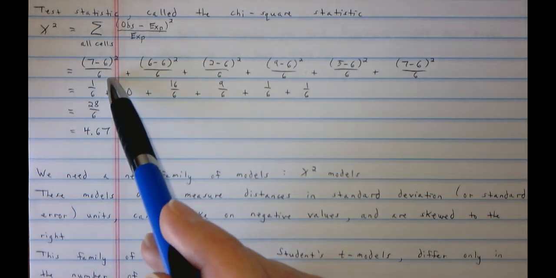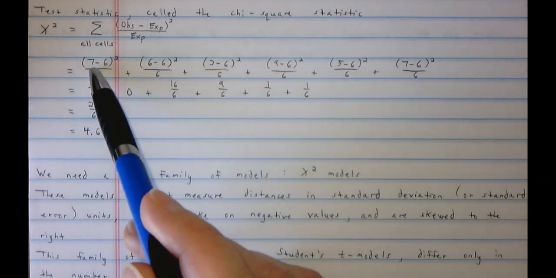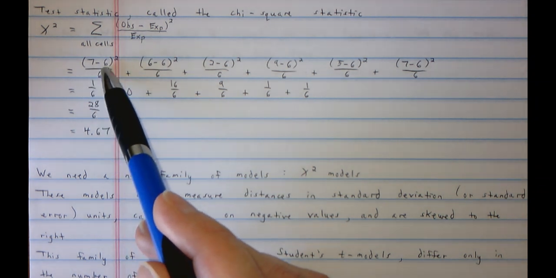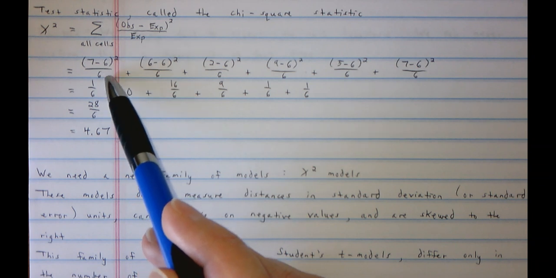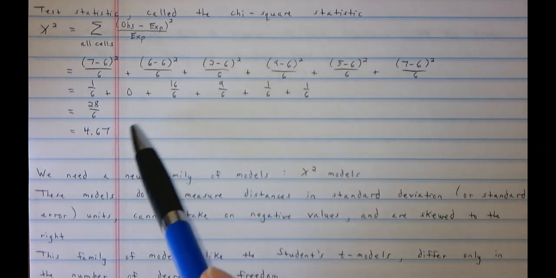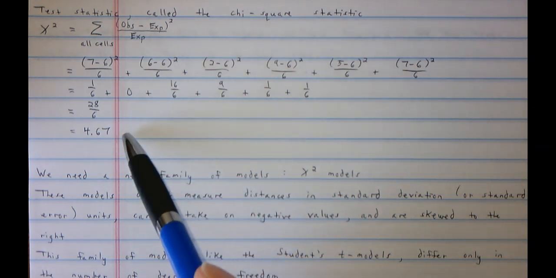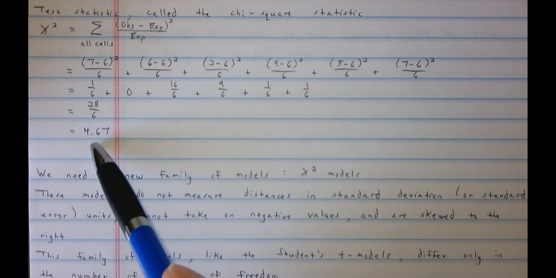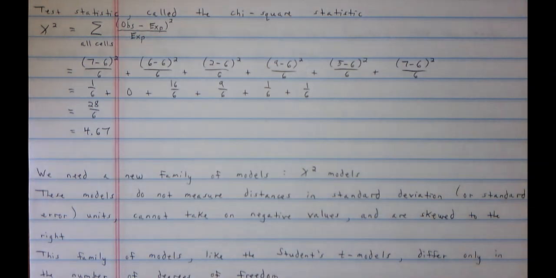We rolled a 1 7 times, that's the observed count. We'll subtract the expected count of 6, square it, and divide by the expected count of 6. So we'll do that for each outcome. Sum all of these, and we get our test statistic chi-square is equal to 4.67.